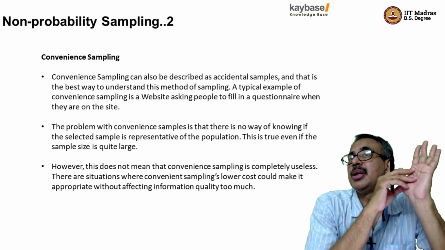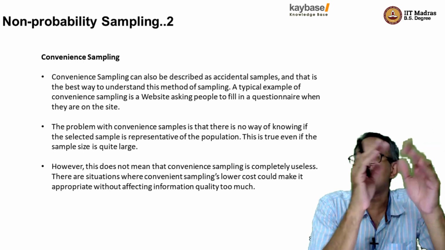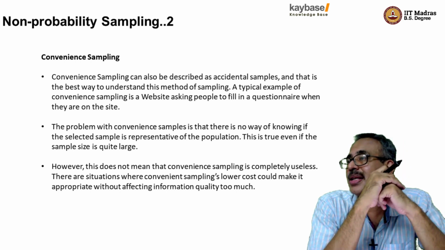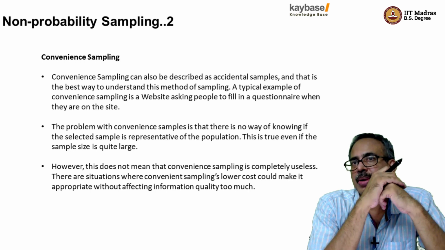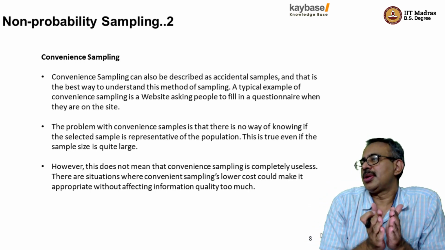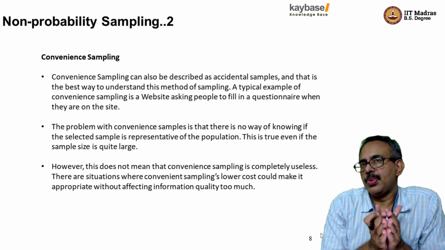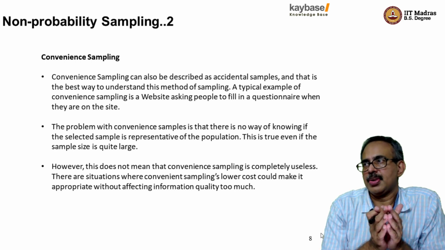Nonetheless, this doesn't mean it is useless. The point about qualitative research is that it's extremely small sample studies anyway. So even if you do a perfectly random sample, the sample size is so small that you cannot have a completely representative sample. And therefore, convenience sampling works very well for qualitative research. Right? Should we go forward?